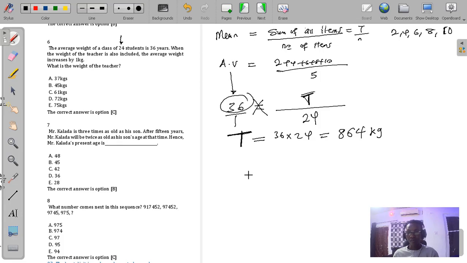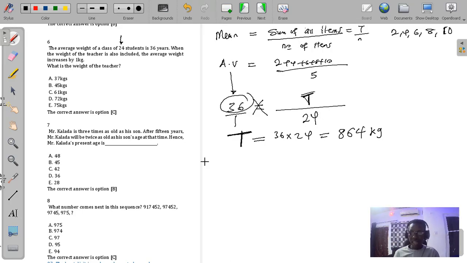Now, when the weight of the teacher is also included, initially we have only students, that is 24 of them. If we now decide to include the teacher, that means the total number of items should be 25 this time around, since you're adding one. It says when the weight of the teacher is also included, the average weight increases by 1 kg.